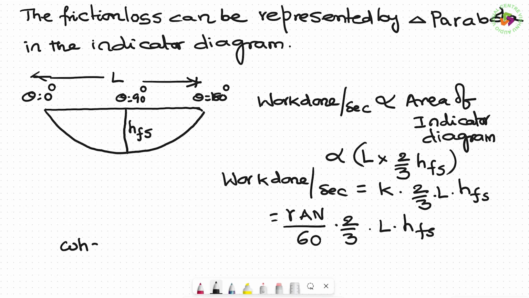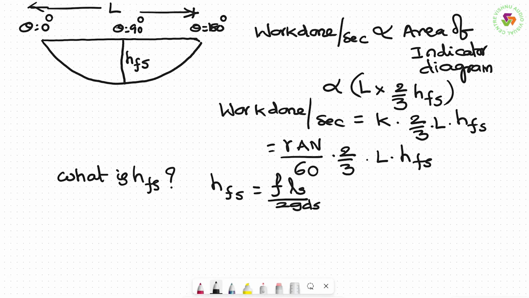Then what is HFS? Already we have derived. HFS is equal to F Ls by 2g ds into (A by As omega R) whole square.